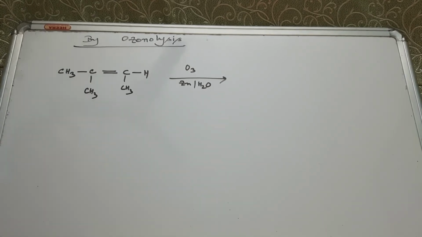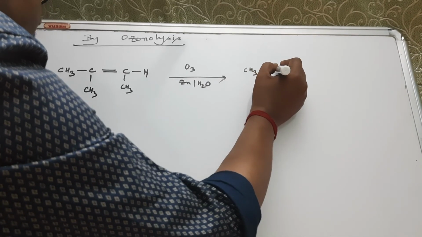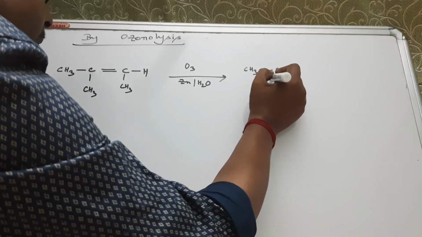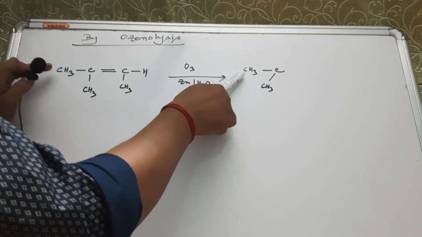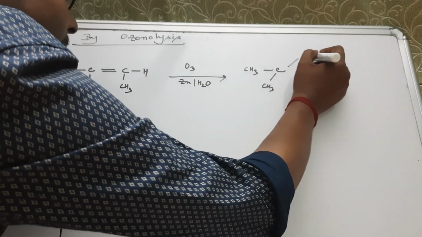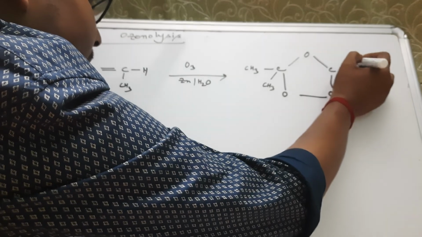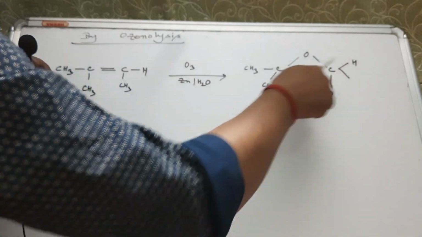At first you have to learn how to write the ozonide compound. This CH3, this CH3, and this CH3 is that CH3. So this is the ozonide, and the hydrogen is this hydrogen, and this CH3 is that CH3.